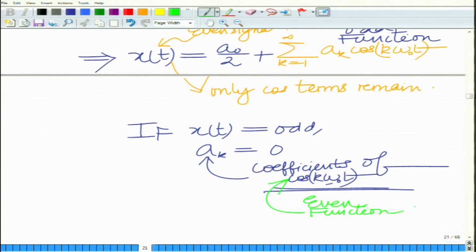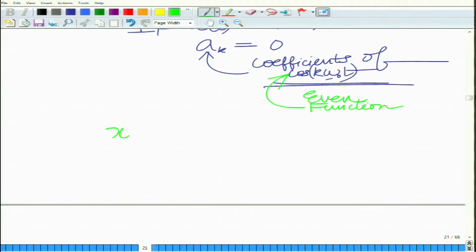So, when xt is odd, the coefficients of the even components in the trigonometric Fourier series, that is the cosine functions, vanish. Therefore, all the ak's are 0.